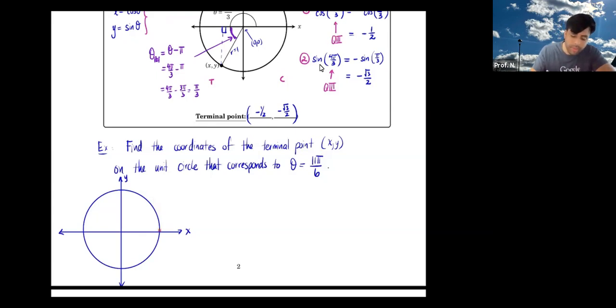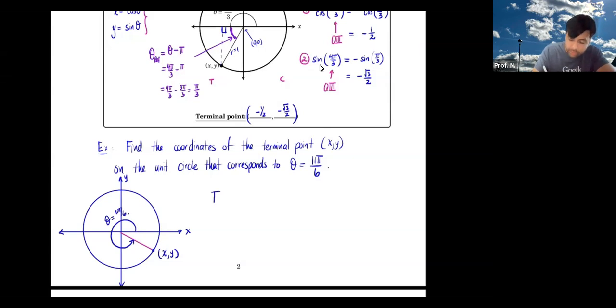So it's as if I'm moving from this point here, 0 degrees, all the way around and almost making it completely around, but I am 30 degrees away from making a full revolution. So I'm going to have something that looks like this here. So I draw a little line here, boom. And then I have my point, x comma y, and this is my angle here, theta. This is theta. So theta is 11 pi over 6.